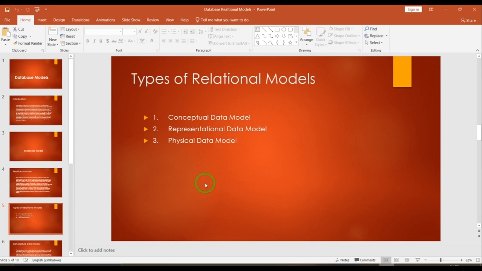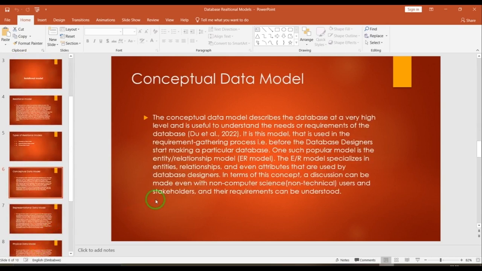Okay. Model number one is called the conceptual data model. Then number two, the representational data model. And finally, we have what we call the physical data model.